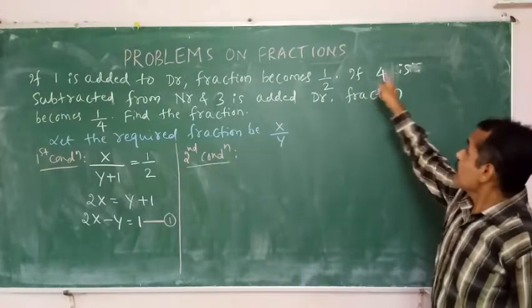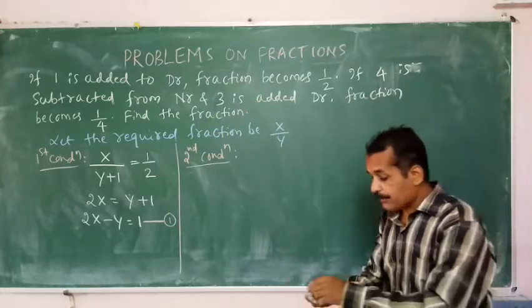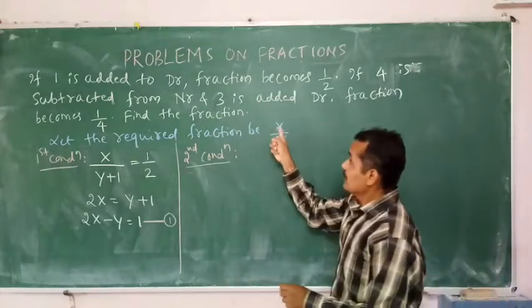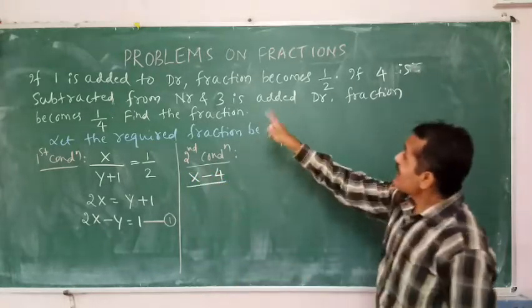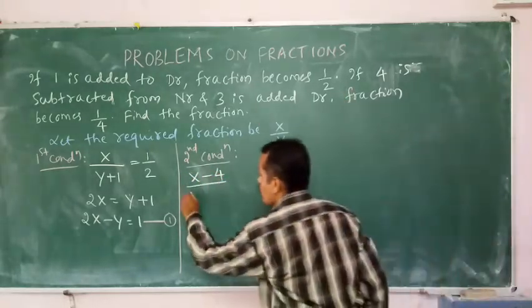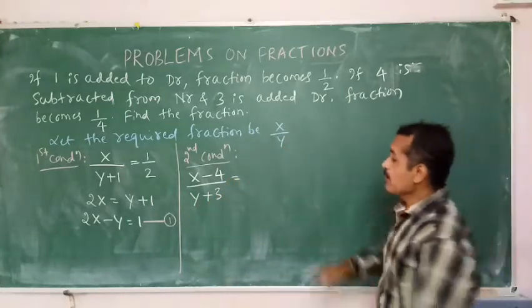If 4 is subtracted from the numerator, from here subtract 4, x minus 4. 3 is added to the denominator, y plus 3. The fraction becomes 1 by 4.